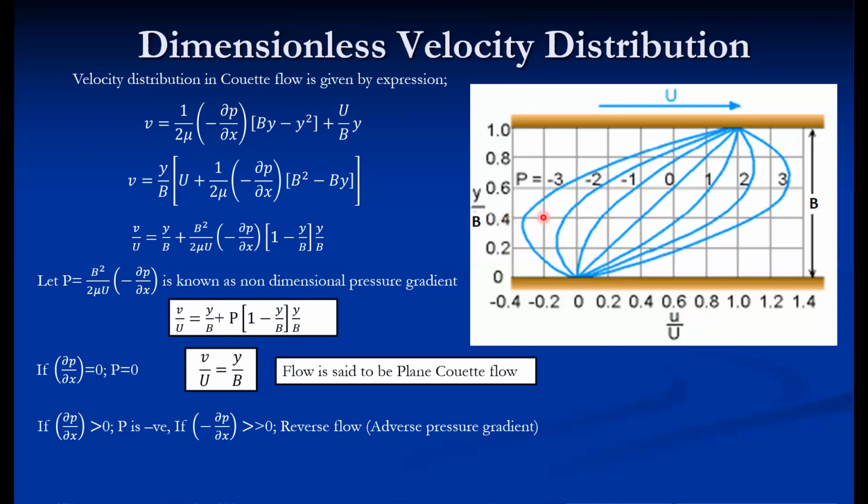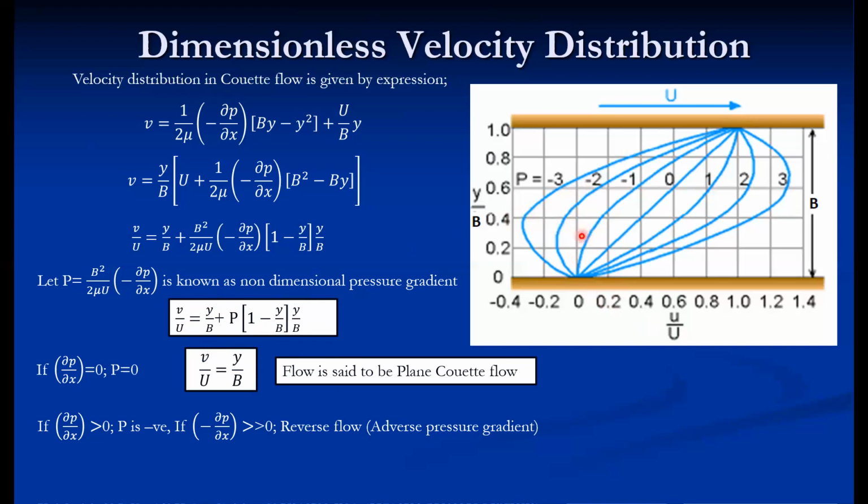If Y by B is 0.4, it comes below 0. So for the 0.4 value, this term comes negative. This term being negative means there is a negative velocity gradient, so there is a possibility of reversal flow. So here we can say the reversal flow is taking place.